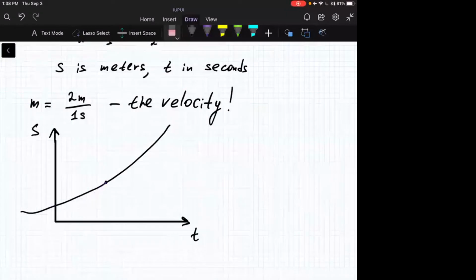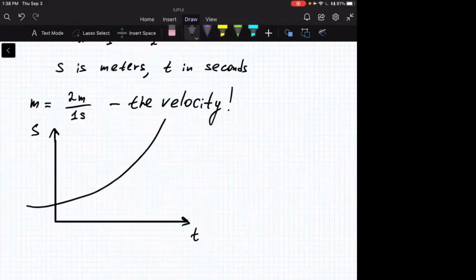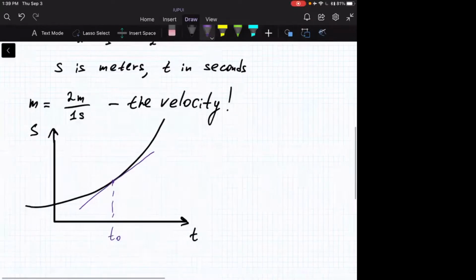So at some given point, make it more like this. At some point t, say t0, we can calculate the slope of our tangent line to the curve s of t.